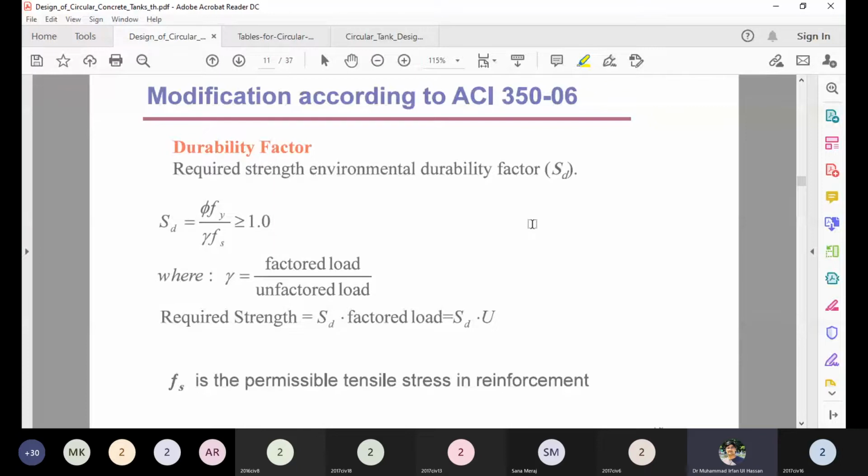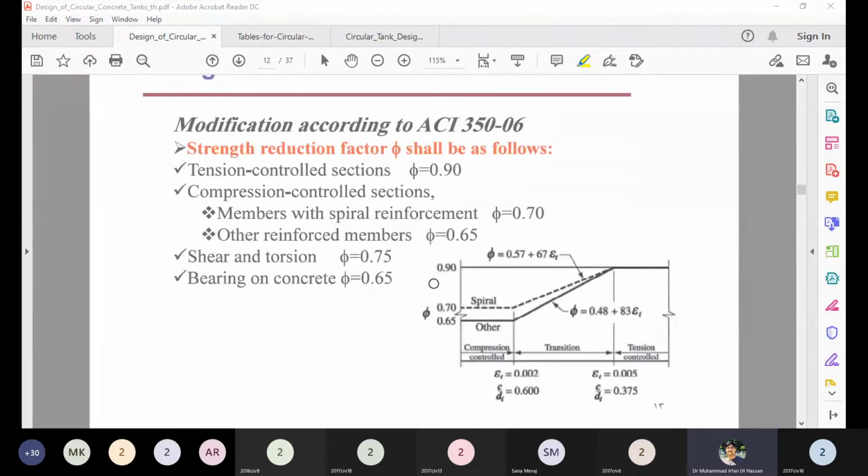Phi is 0.9 for the bending, and for getting the phi value, you can see the curve between the phi and the strain.